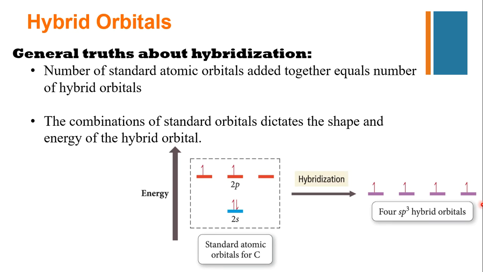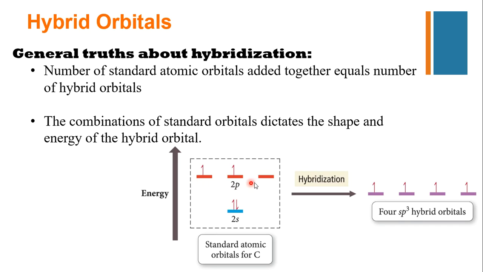So I've alluded to this, but the combination of standard orbitals dictates the shape and energy of the hybrid. So I put 4 in, I get 4 out, and what we'll see in just a minute is that it's tetrahedral, okay? I also talked about the energy, so it dictates the energy.